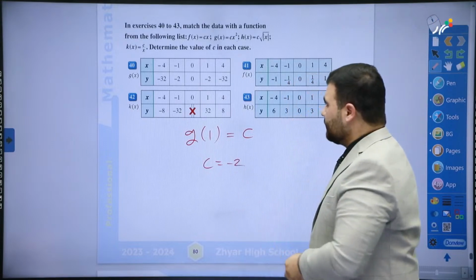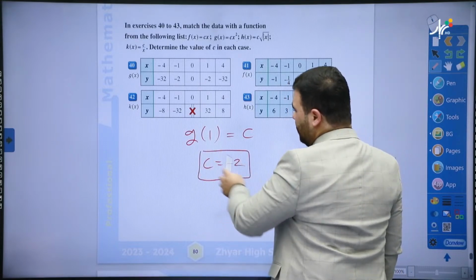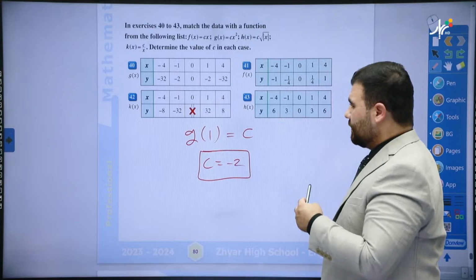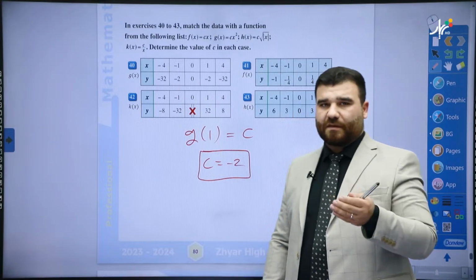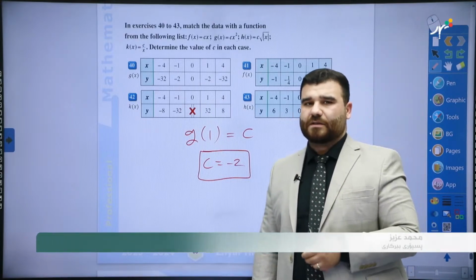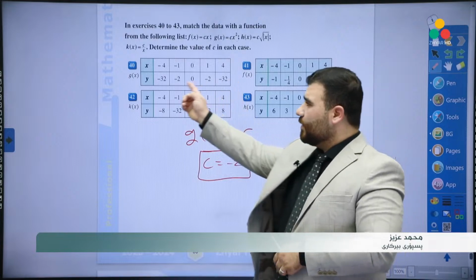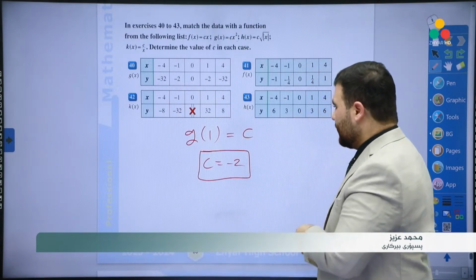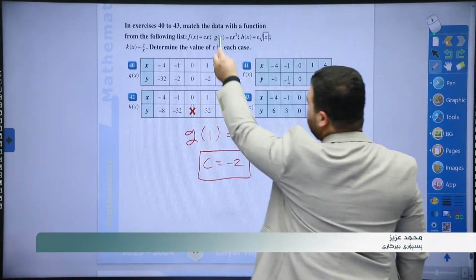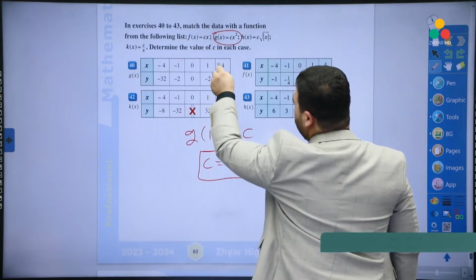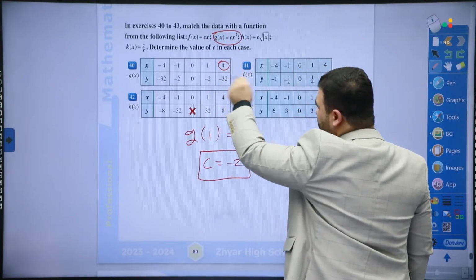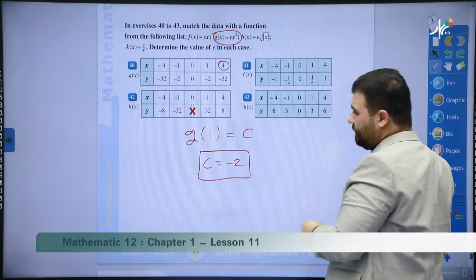If c is negative 2, let's see if this negative 2 works for the other values of g. If a number is satisfied for 3 values, then it's correct. We don't need to test all the 5 values. Look at here. If c is negative 2 for g, when I put 4 in place of x, will I get negative 32? Let's see.